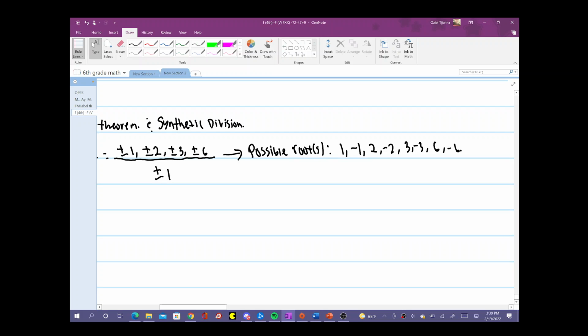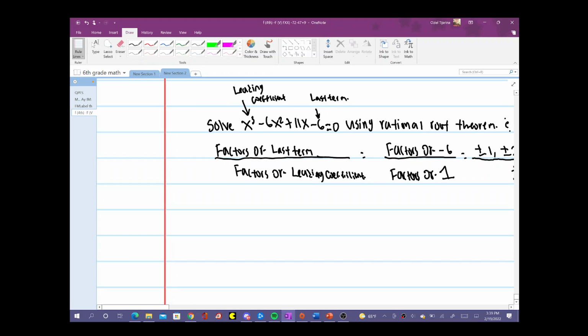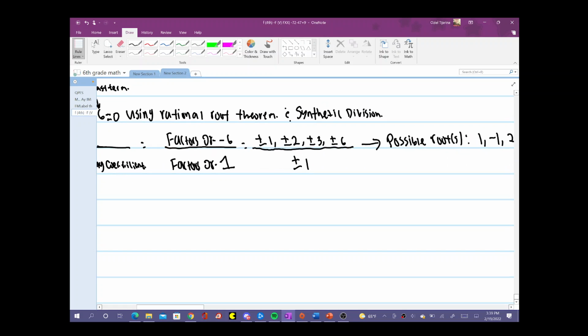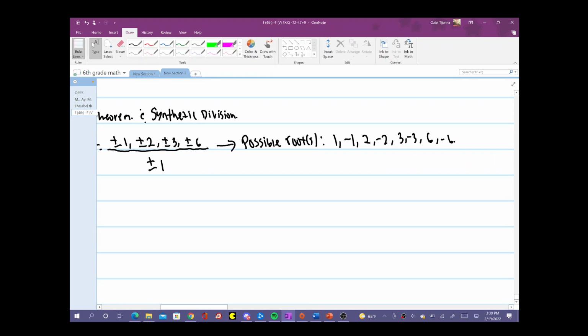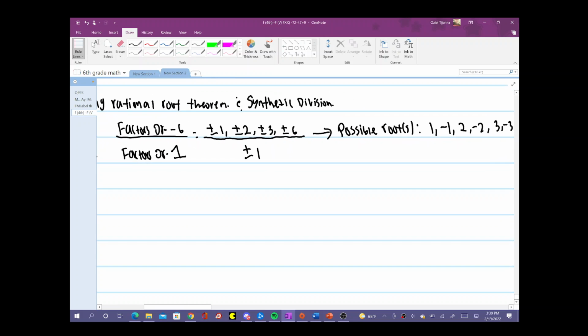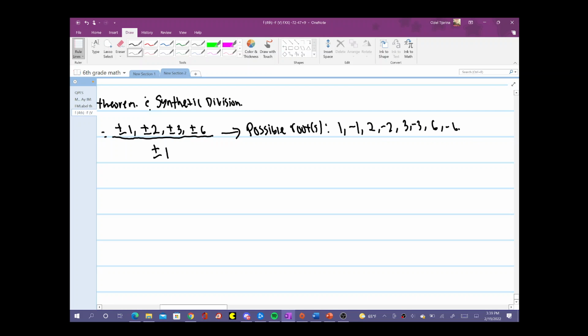Now we're going to use synthetic division to evaluate the function f of x equals x cubed minus 6x squared plus 11x minus 6. We'll test each of these numbers until we get 3 answers that equal 0. The first one is 1.